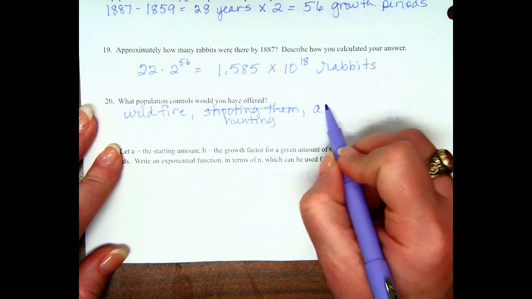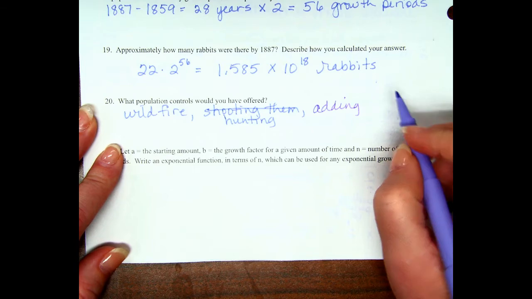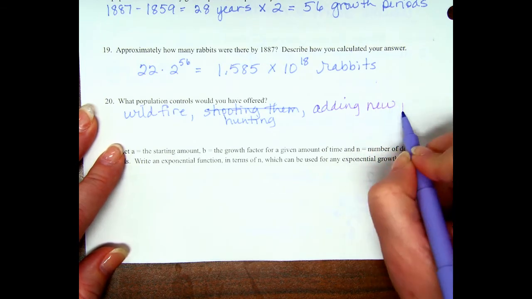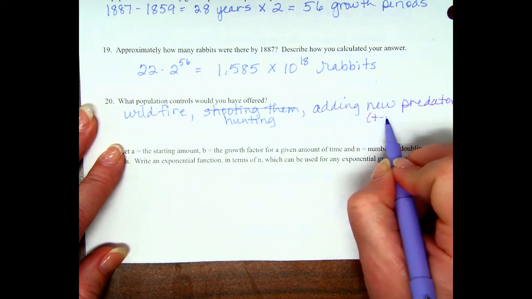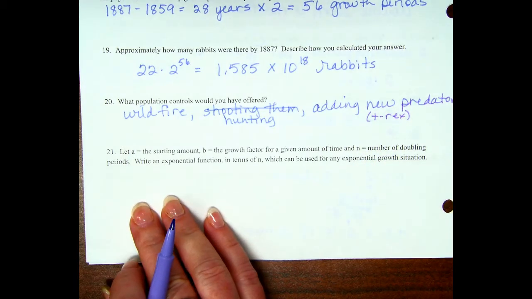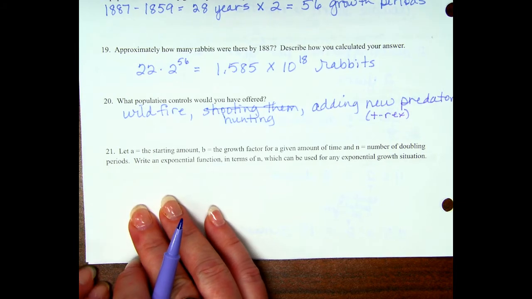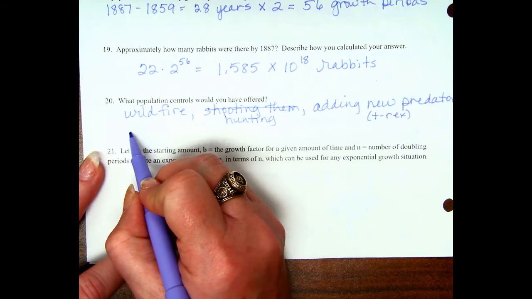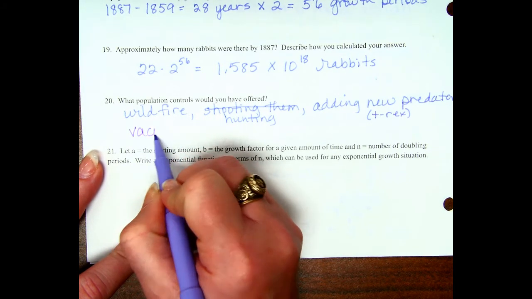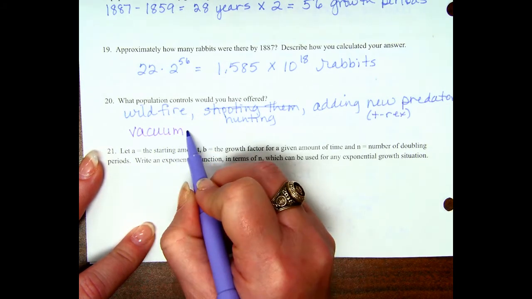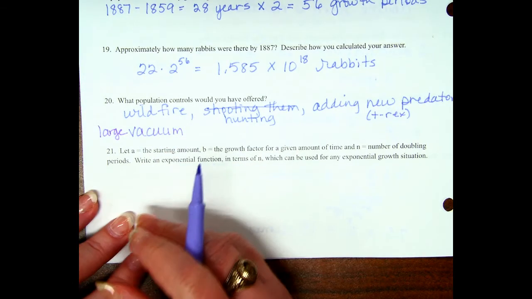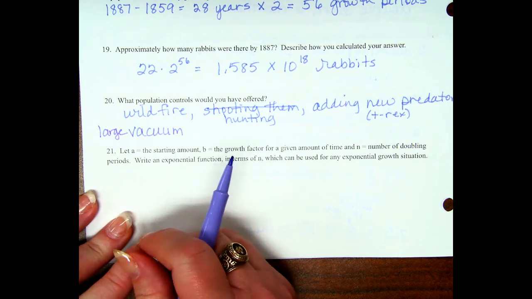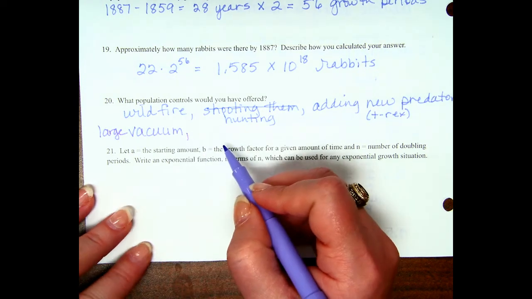So, adding new predators? Or are you talking about creating them again? So, specifically a T-Rex. Okay. So, a vacuum. A really large vacuum. What? A giant hole?